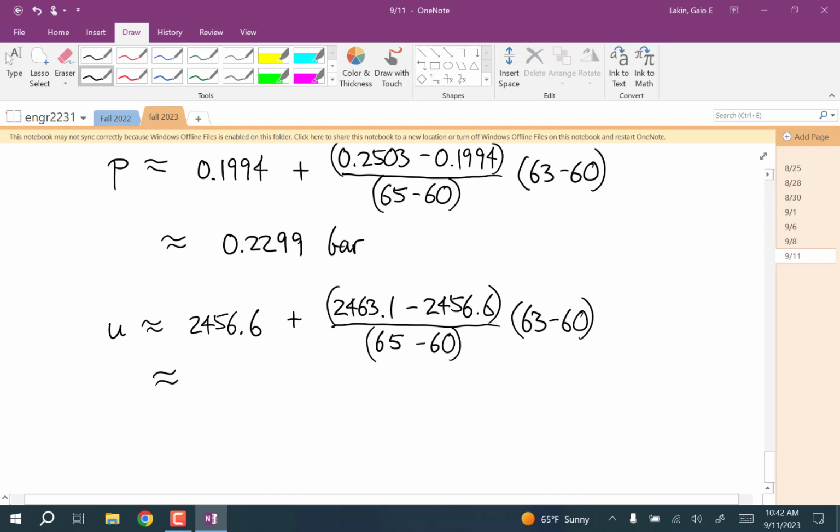And so we get an approximate value of 2460.5 kilojoules per kilogram.